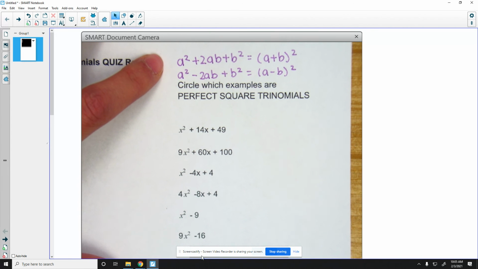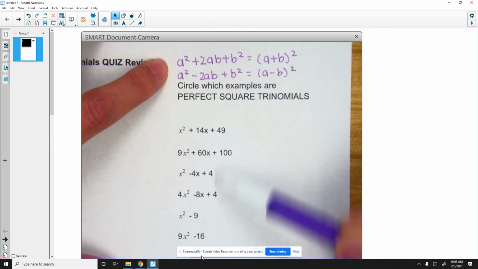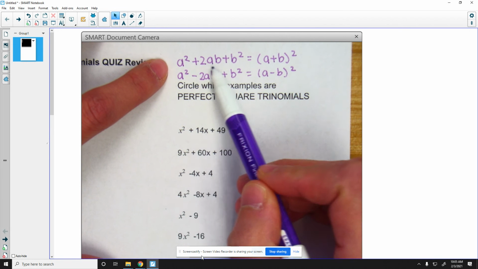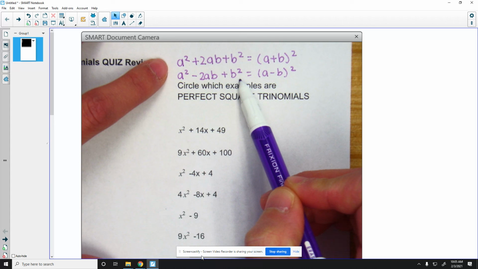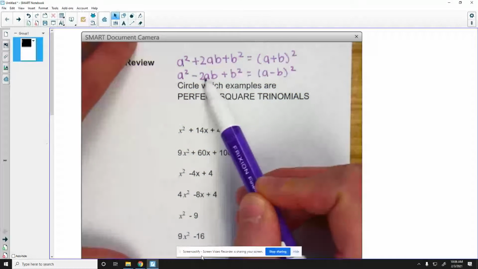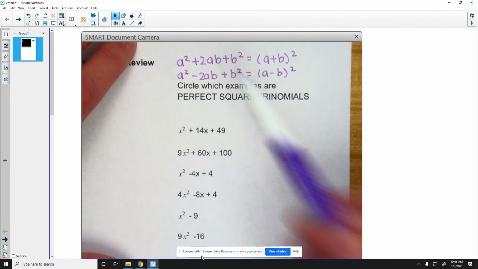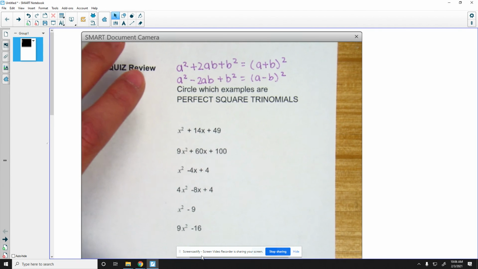Okay, so what I can gather is if one of these is an answer, I have to have how many terms? 3. So I have to have 3 terms because each of these has 3 terms. And it looks like either I have a plus and a plus in between or a minus and a plus in that order. So maybe instead of trying to see which one it is, let's see which ones we can definitely cross out first, okay?